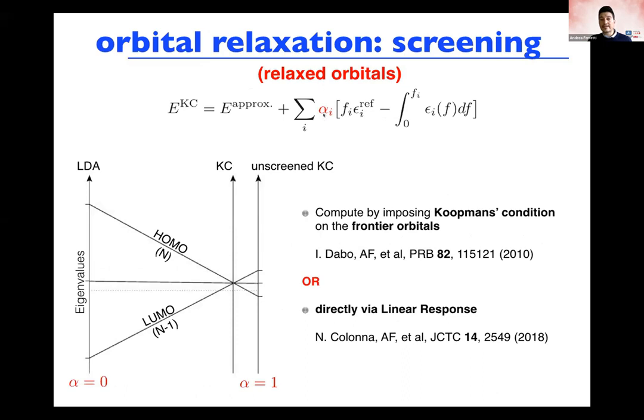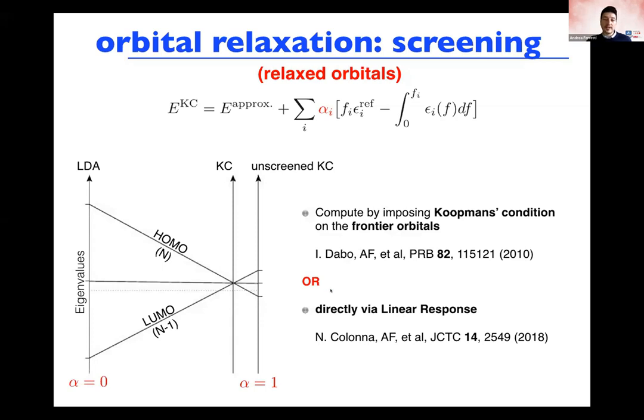If we compare with the DFT plus U construction that we heard of yesterday, this is pretty related to the U itself. It's a factor, if you want, in the U, and can be computed in a very similar way.